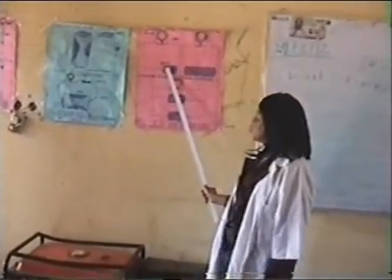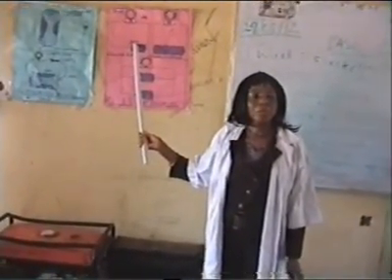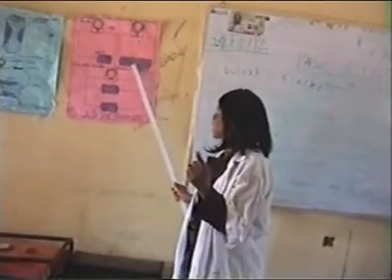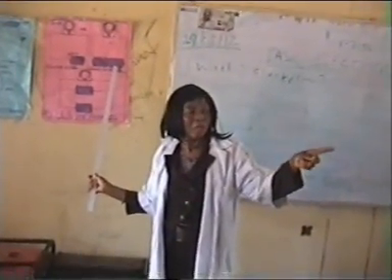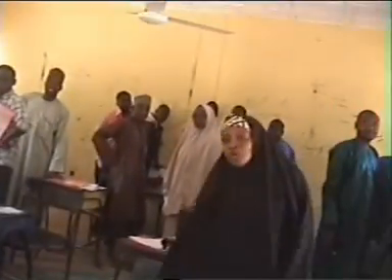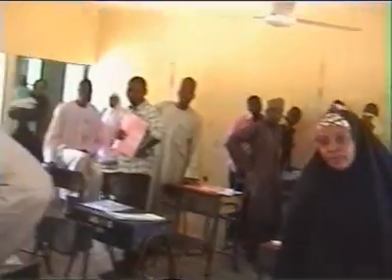When you use one battery, what happened to the light? And when you use two batteries in series, it was what? Brighter. What did you notice? The light is so bright. Very bright.